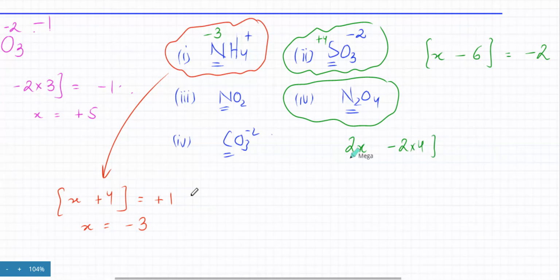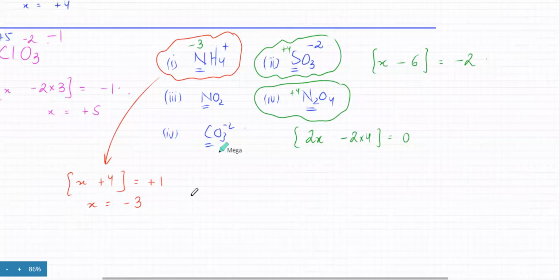So it's 2x - 8, and the total charge is 0, right? So what is 2x? Like one nitrogen is 4. No, -4. +4. Oh, +4. Okay, so that's +4, right? And so on. So you can figure out all the other substances.